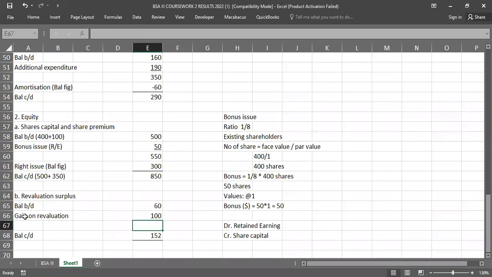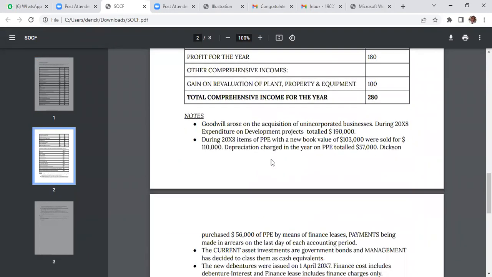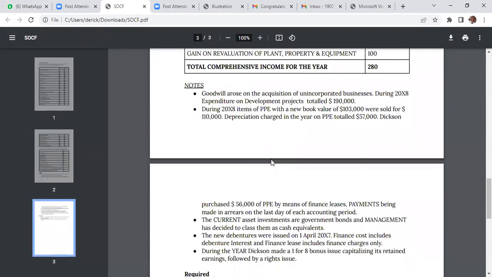Then what else? Did they give us any other information regarding revaluation surplus? When you check your additional information, I don't think there is. Because nothing was said, indeed. So if nothing was said, you close off the account and you see, is it okay, or is there something that we had to find out?